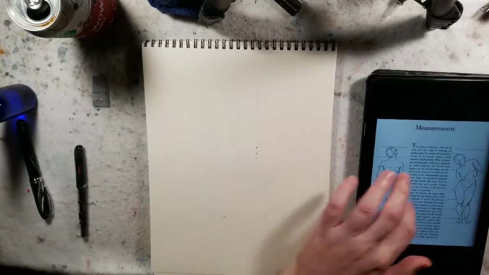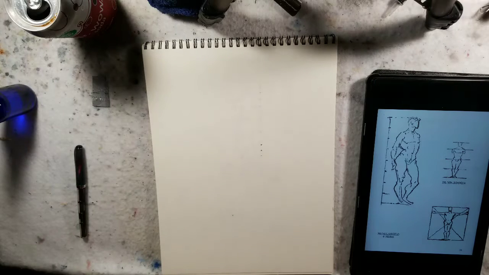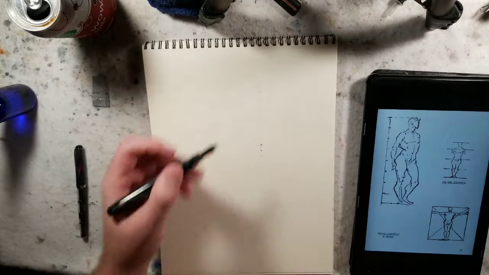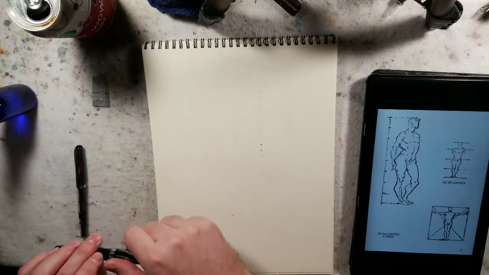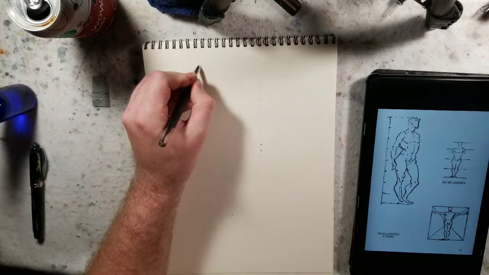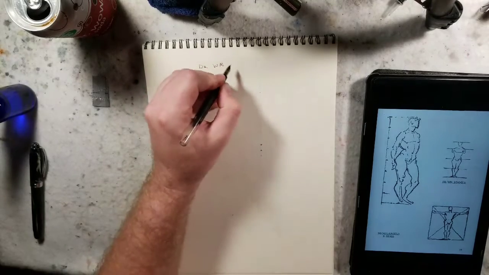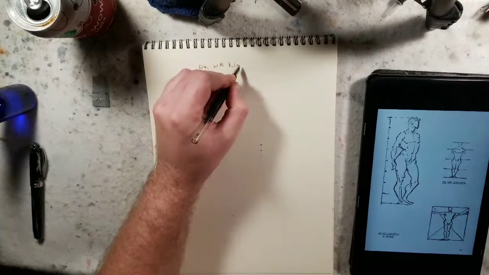Is Dr. WM Reiner. Okay, I'm not going to use black ink. It's kind of bleeding through a little bit, so let's go. Dr. WM. It might be Rimmer or Reimer.